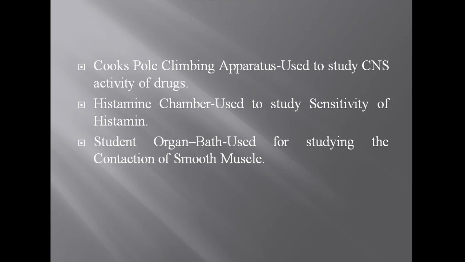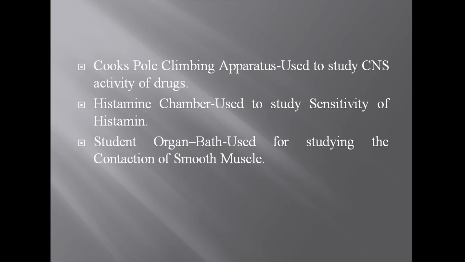Then coming to the histamine chamber. The histamine chamber is mainly used to study sensitivity to histamine. It is well equipped with technically advanced facilities. The chamber is a scientific instrument used to evaluate anti-asthmatic activity. We all know that asthma may be caused when some unwanted foreign particle enters the lungs.